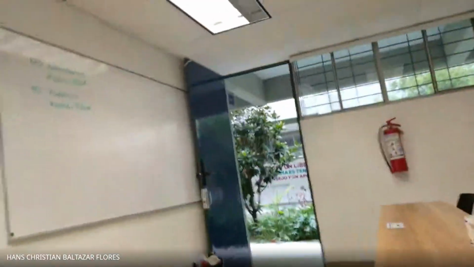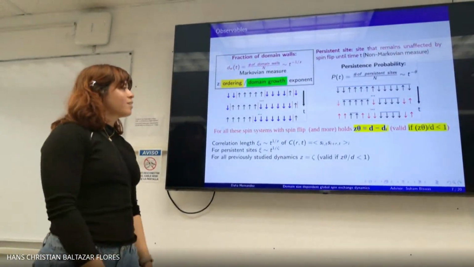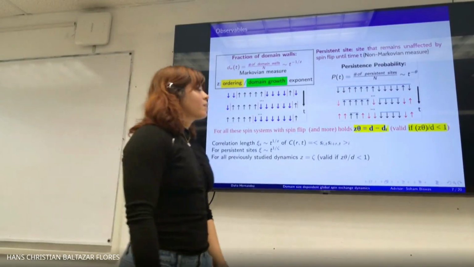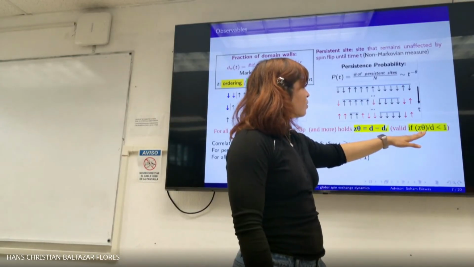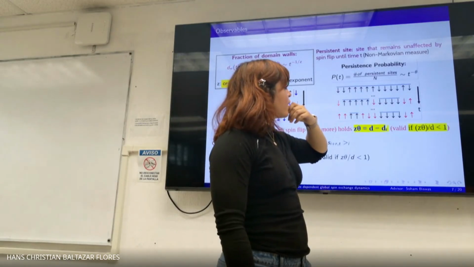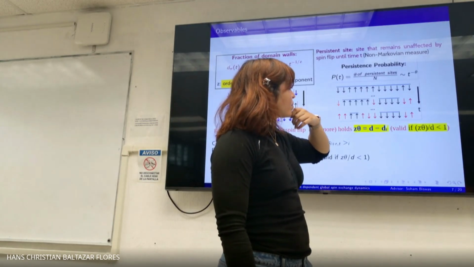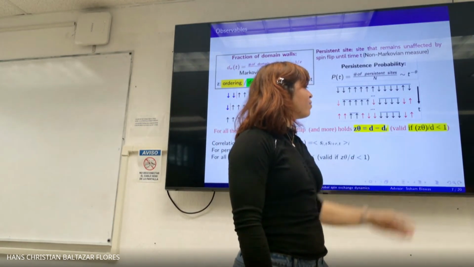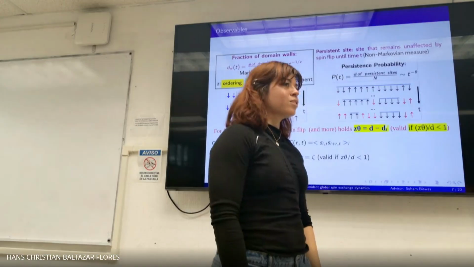I skipped this. So, when we previously saw fractals, this condition is related to the persistent sites forming a fractal. Basically, this says that you cannot have a negative dimension.